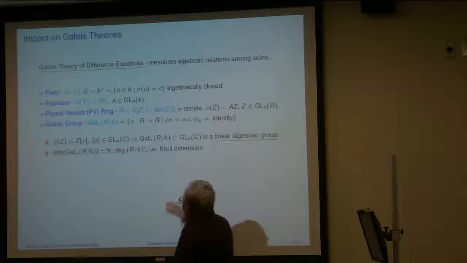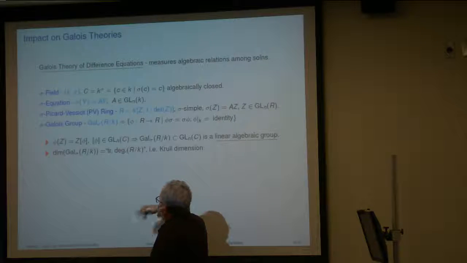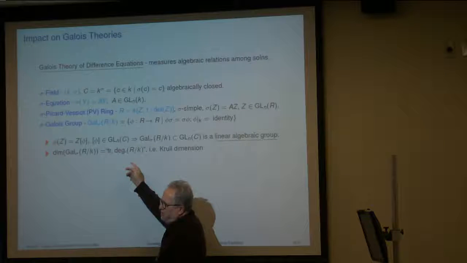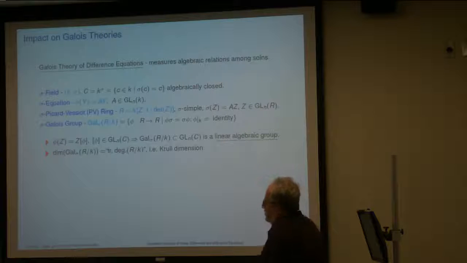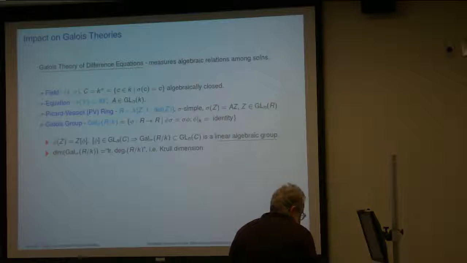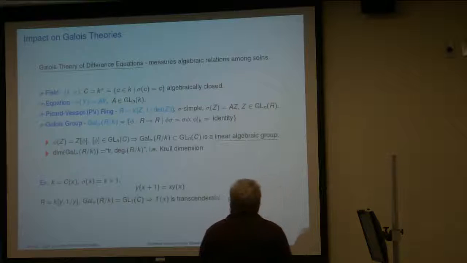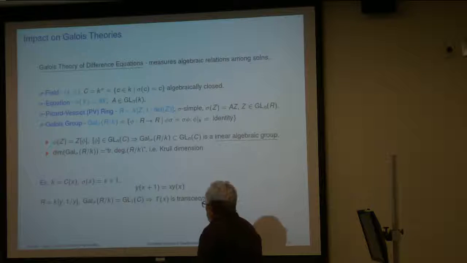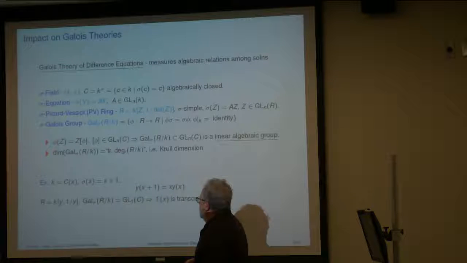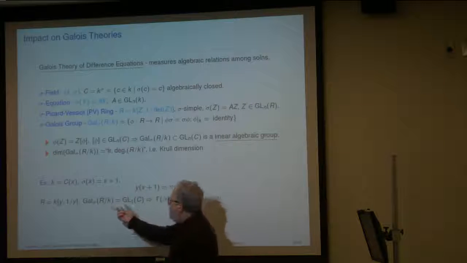So this ring may have zero divisors. So when I say transcendence degree, I mean, if it didn't have zero divisors, it would be the transcendence degree. Good. So here's an example. This is the equation for the gamma function. One can show that the Galois group is the full group of 1-by-1 matrices.